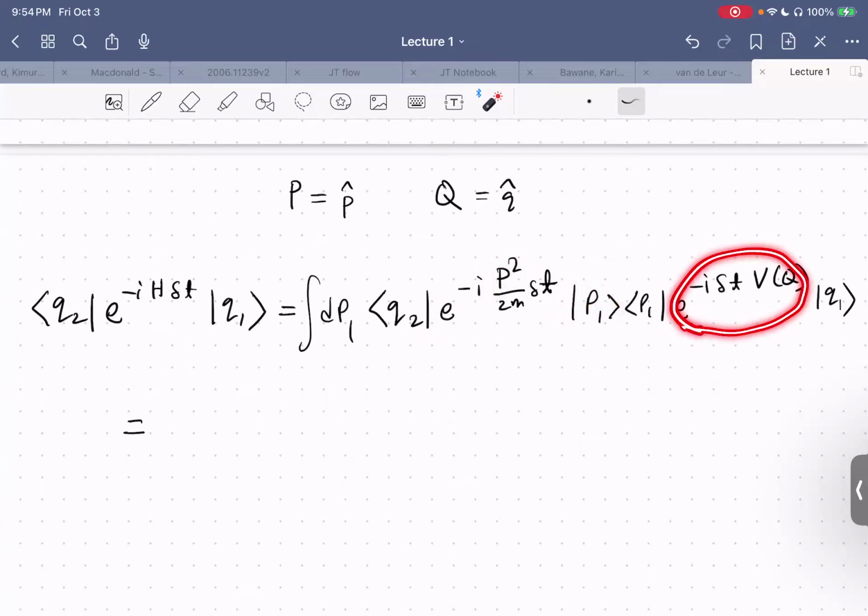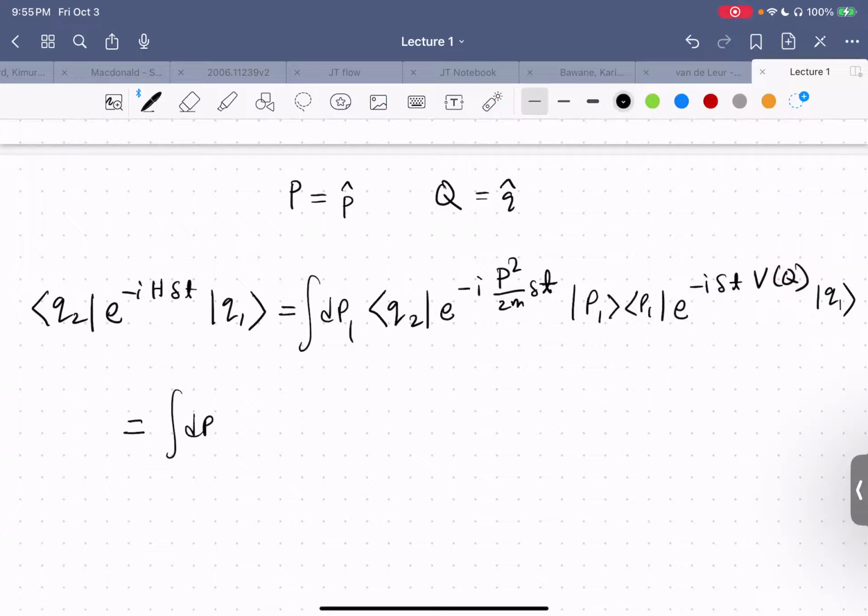Similarly, here I'm assuming that my potential only depends on position. It doesn't depend on momentum. So this is a function of the position operator only, acting on a position eigenstate. So I can replace this whole thing with a number, where I replace this operator with the eigenvalue, right? So what you get then is that this whole thing becomes just integration of something that's just numbers.